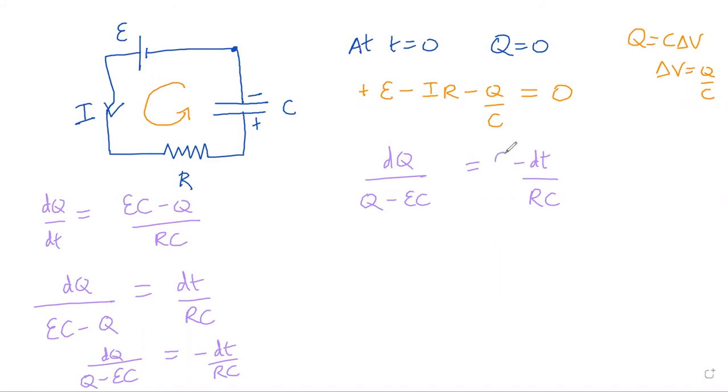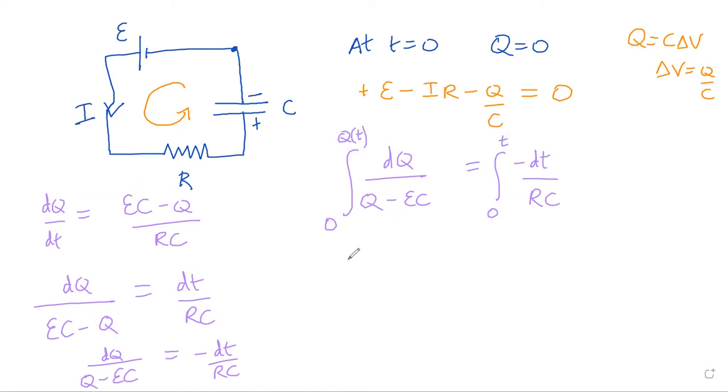And well, the time is starting at time 0 and going up to some time t. On the left-hand side, we know that at t equals 0, the charge is 0. So my Q, which is the variable of integration, which you can see from the dQ, is going to start at 0, and it's going to end at Q of t. So at time t, the charge will be some Q of t.